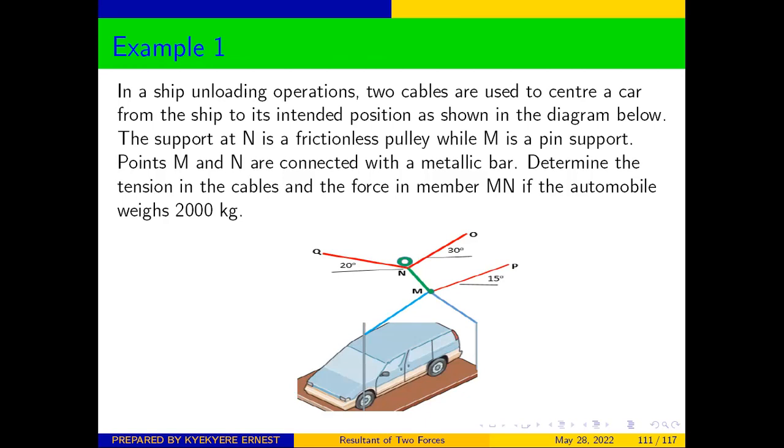In a ship unloading operation, two cables are used to center a car from the ship to its intended position as shown in the diagram below. The support at N is frictionless, while that at M is a pin support.